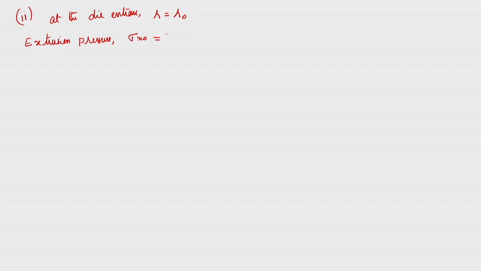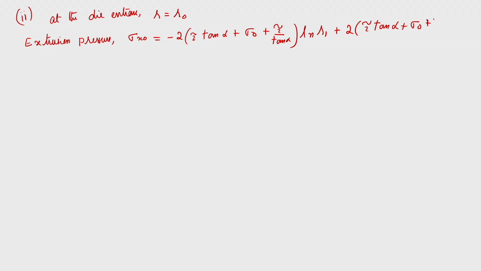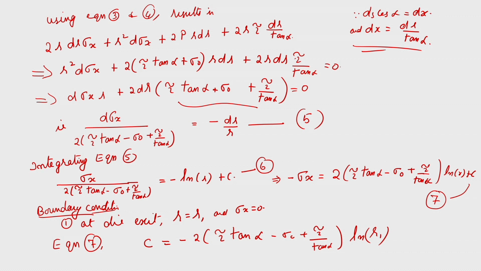If you substitute the value of this one in equation number 6, you will get minus 2 into tau tan alpha plus sigma 0 plus tau by tan alpha log R 1 plus 2 into tau tan alpha plus sigma 0 plus tau by tan alpha into log R 0. Here this should be 0 plus. Okay. That was a mistake.